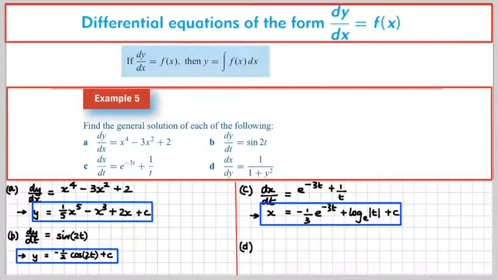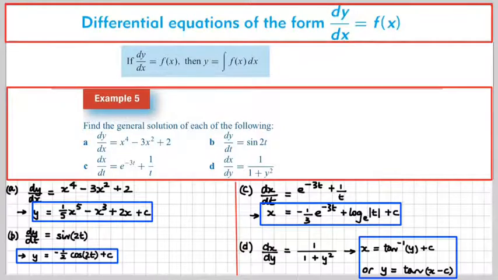This is the confusing one I was talking about before. Let's integrate with respect to y, and that gets us an inverse tan y thingy, doesn't it? So x equals inverse tan y plus c, the constant of integration. Now, if you were asked for the solution in terms of y, which you aren't in this case, you would then take c over to the other side as x minus c equals inverse tan y.